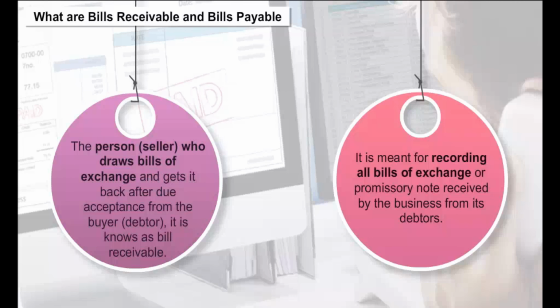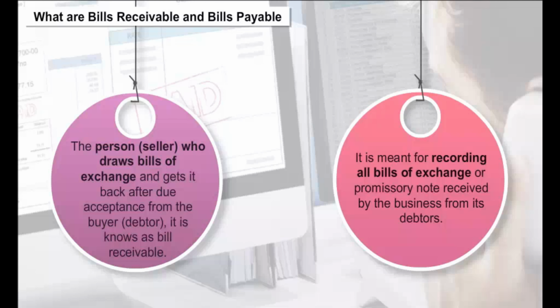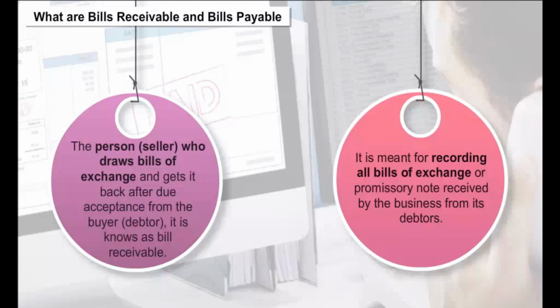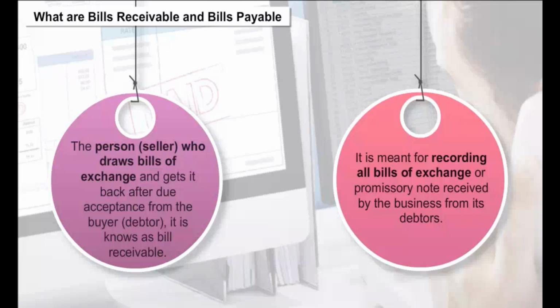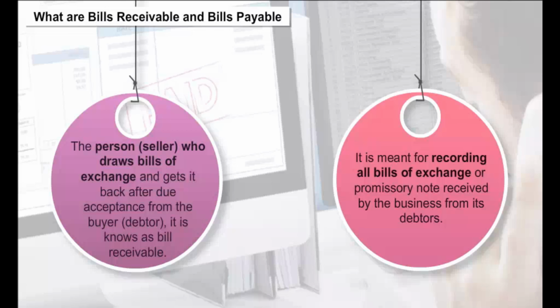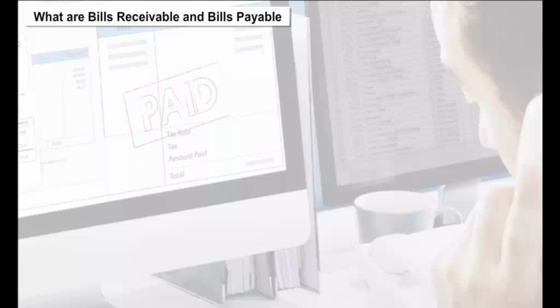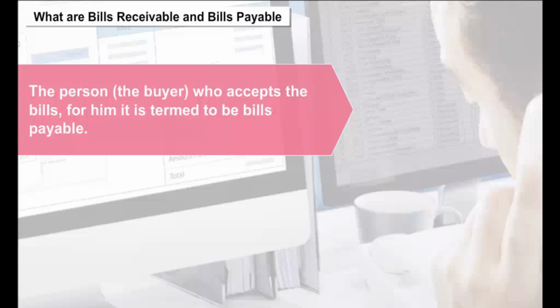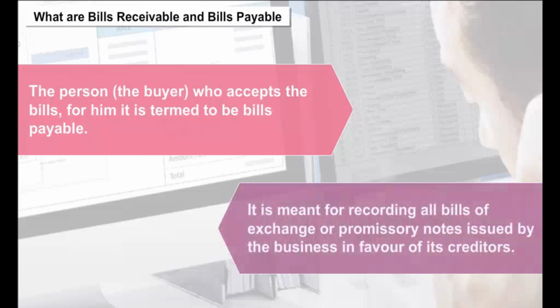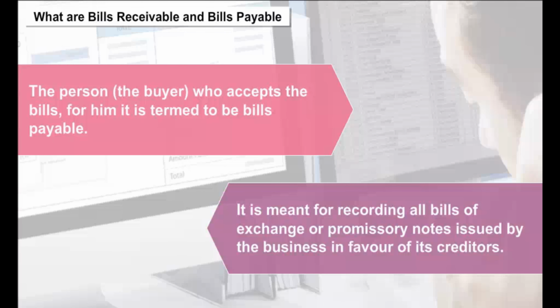It is meant for recording all bills of exchange or promissory notes received by the business from its debtors. Bills payable. For the person, that is the buyer, who accepts the bills, it is termed bills payable. It is meant for recording all bills of exchange or promissory notes issued by the business in favor of its creditors.